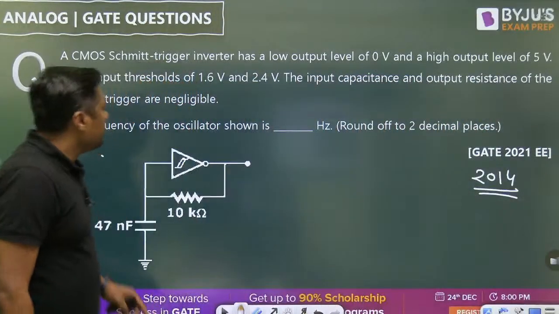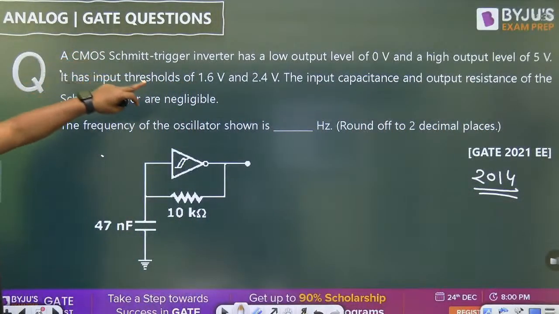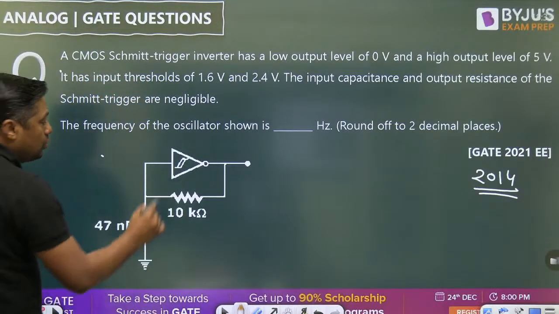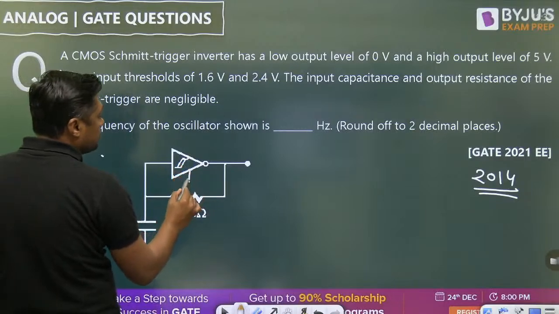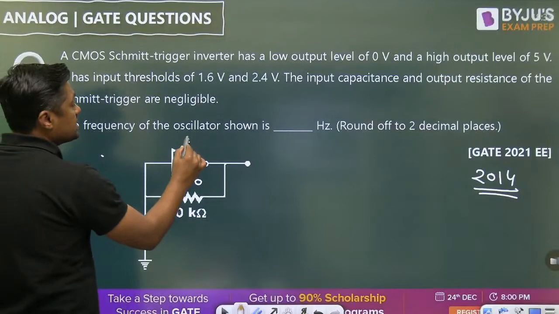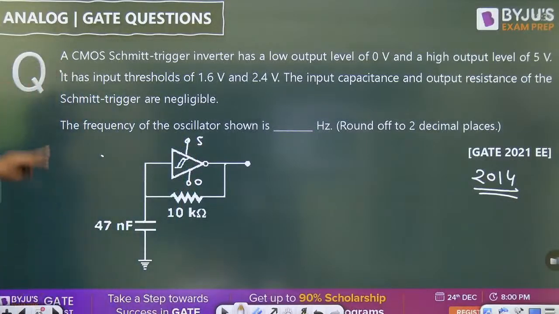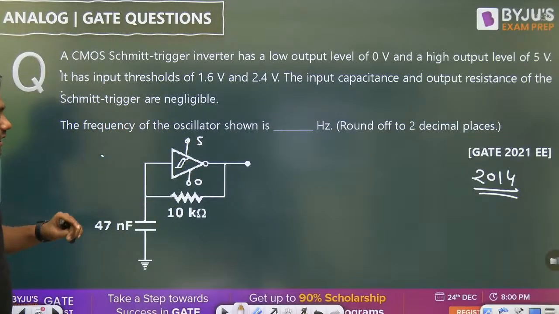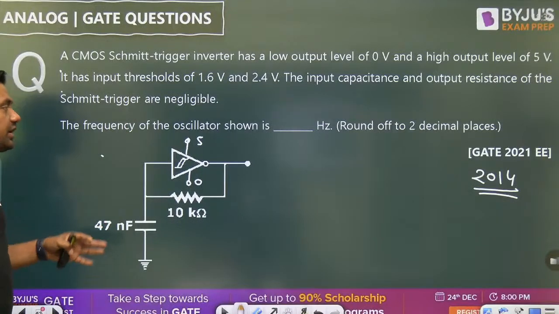What is the question here? CMOS Schmitt trigger inverter has a low output level of 0 volt and a high output level of 5 volt. Okay, this time it is 5 volt given. It has the input thresholds of 1.6 and 2.4 volt. R1, R2 diode is not connected.